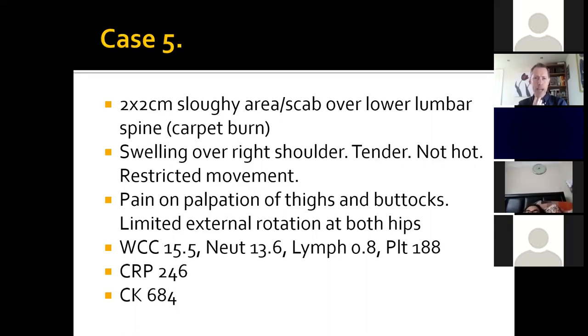And he had pain on palpation of both his thighs and particularly his buttocks, and limited external rotation at both hips. His blood test showed an elevated white cell count with neutrophilia, a CRP of 246 and a creatine kinase of 684.